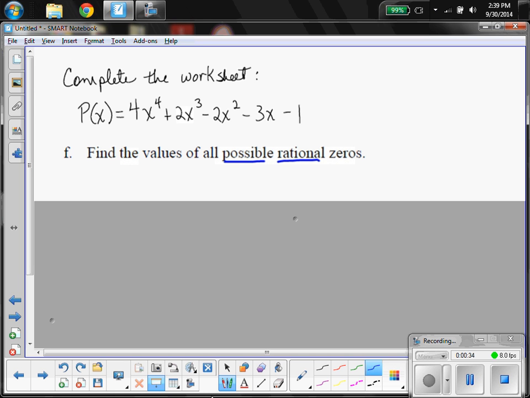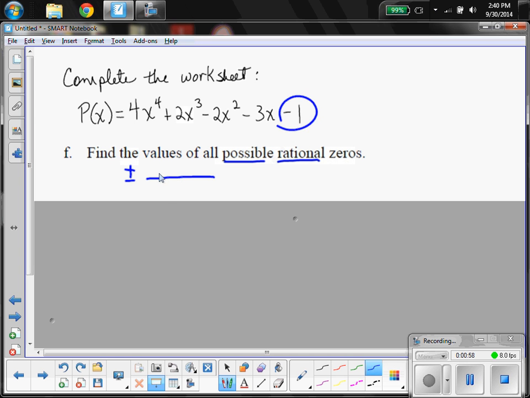But we've got to narrow down the list of numbers that we'll even attempt to use in our synthetic division. So the rational zero theorem states that the numbers that could possibly be rational zeros would be all rational numbers or fractions such that the numerator includes the factors of your constant term.